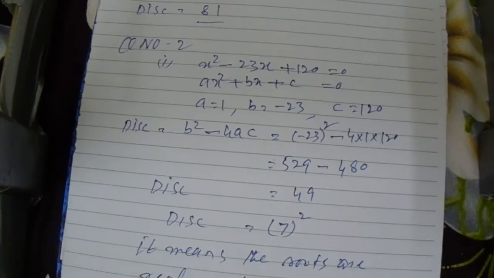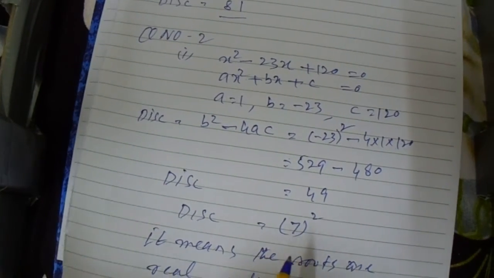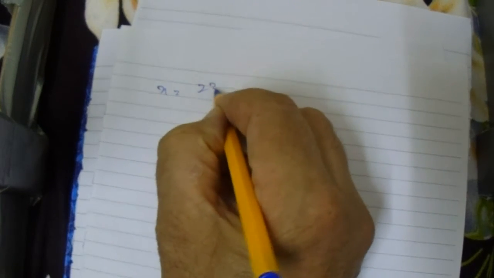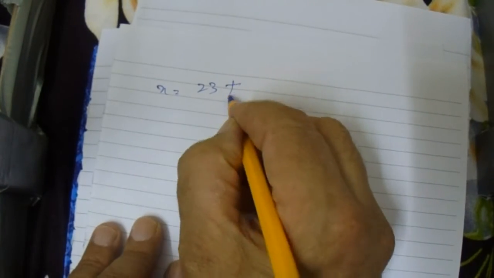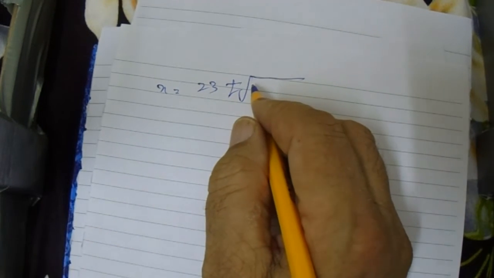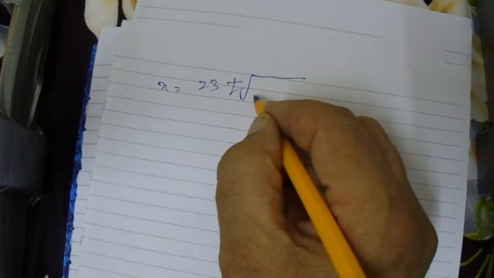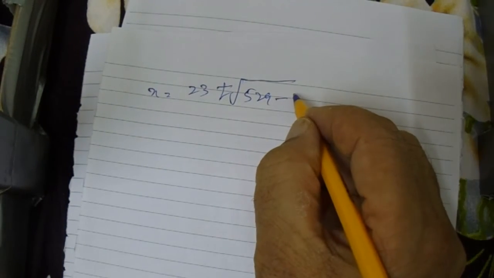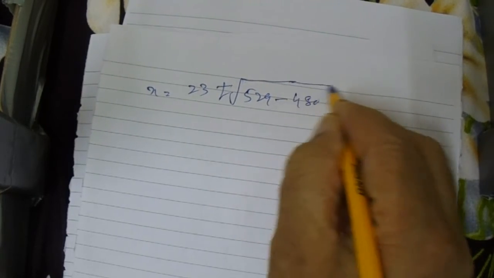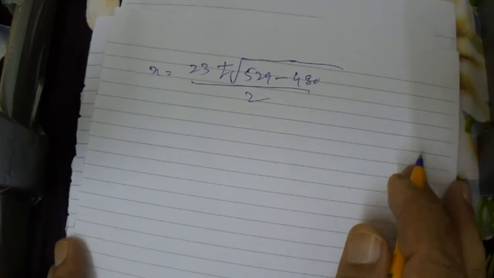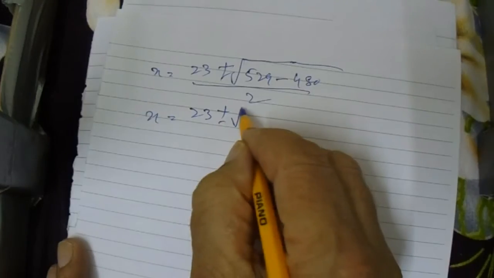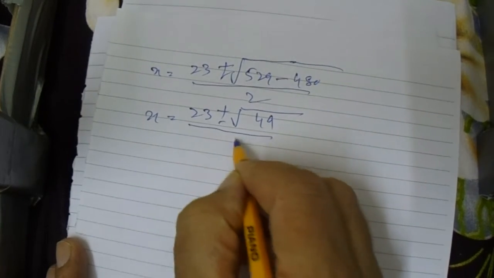Now we solve this on the next page. X is equal to 23 plus minus the square root of 529 minus 480, over 2. X is equal to 23 plus minus the square root of 49, over 2.